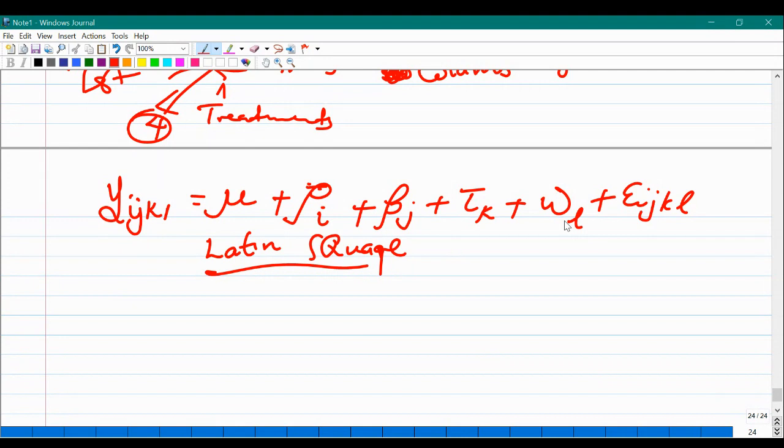So this is one of the Latin square designs. I hope I answered your question. You can even have follow-up questions if you still have.